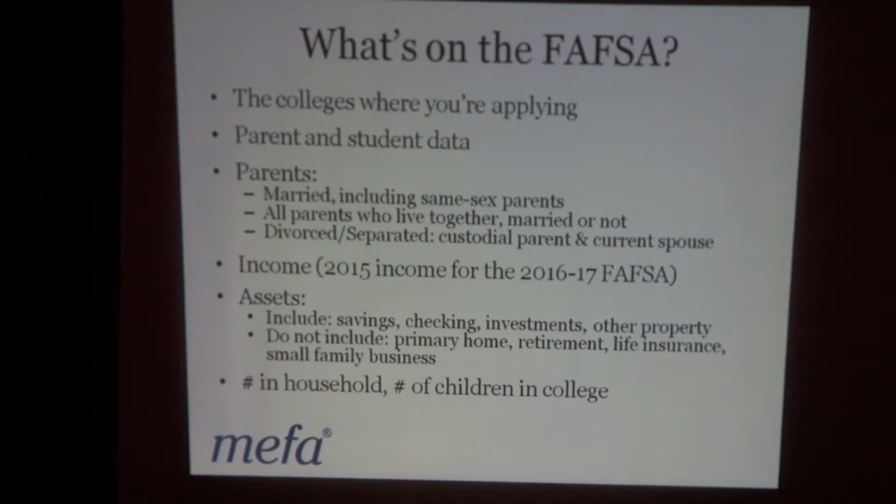The nice thing about being online is that you can search for the school, so you don't have to know the federal school code it's looking for, so that it sends that information to the schools. You can put up to 10 schools on the FAFSA and have them receive that information. I have had students say, oh, I'm applying to more than 10 schools, what do I do?